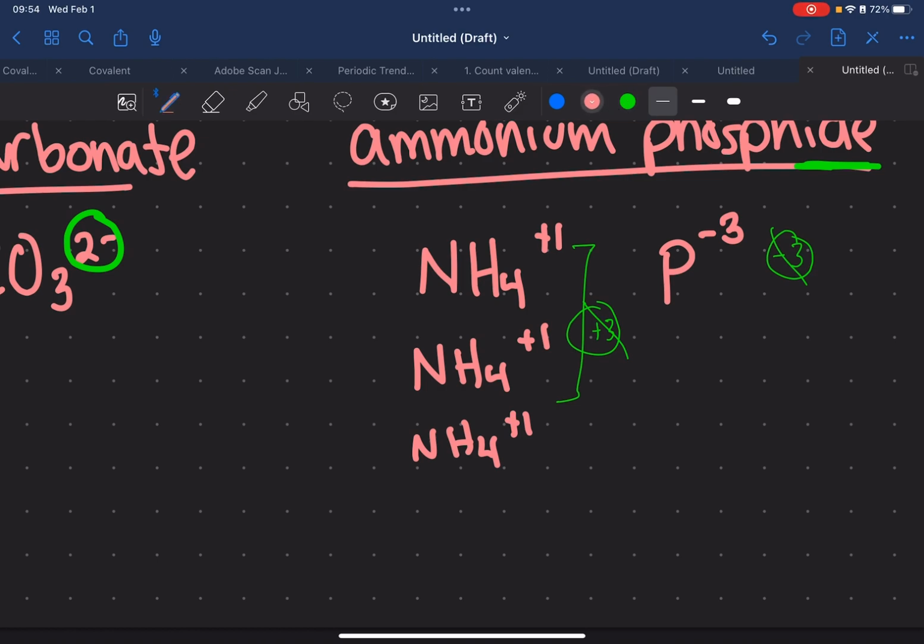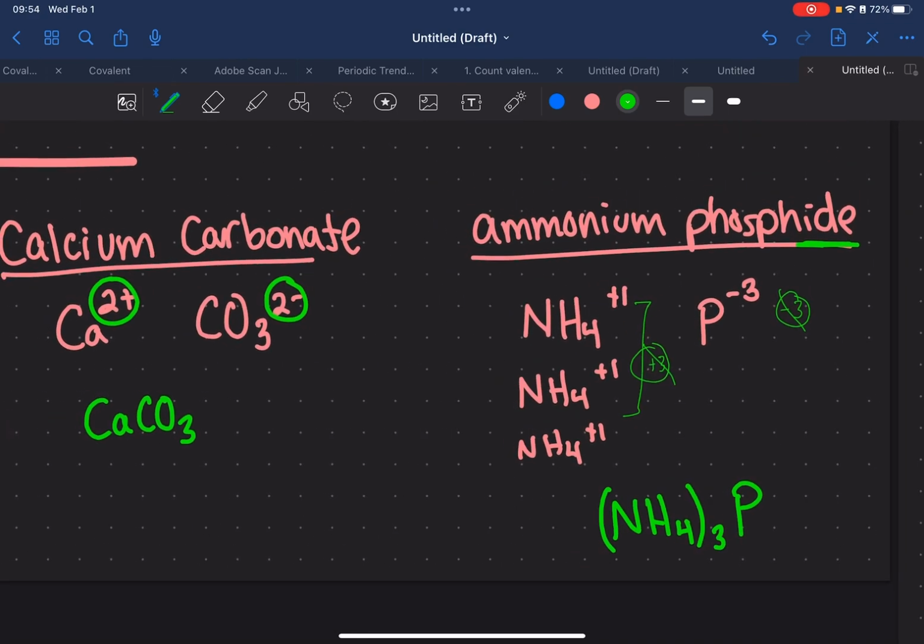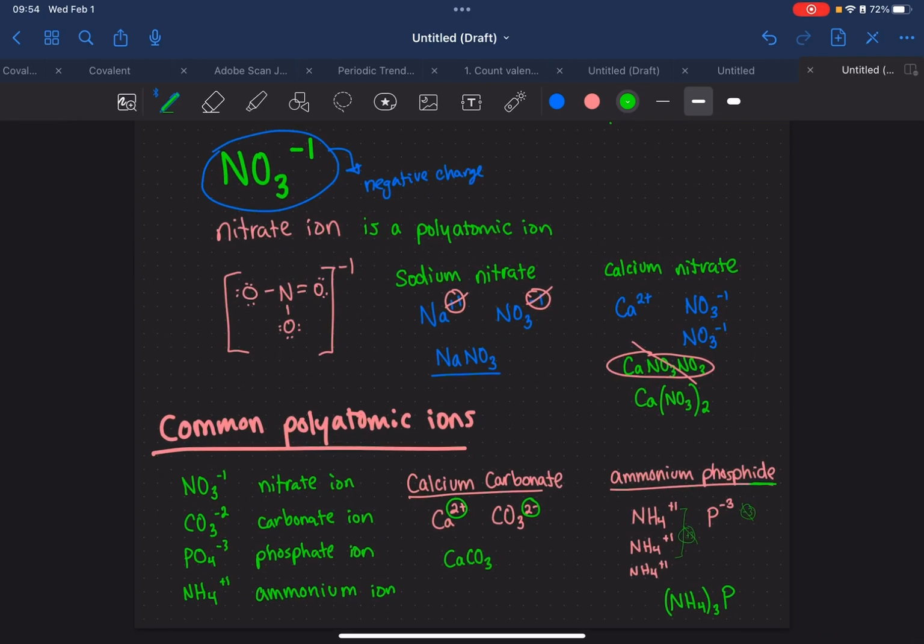So now I know that I have the right number of each ion, and I can put them together in a chemical formula. I can write NH4, but I have 3 of them, so I got to put the whole thing in parentheses and put a 3 there. And then I only have 1 phosphide, so I can write my phosphide like that. NH4, 3P. And there is the formula for ammonium phosphide.